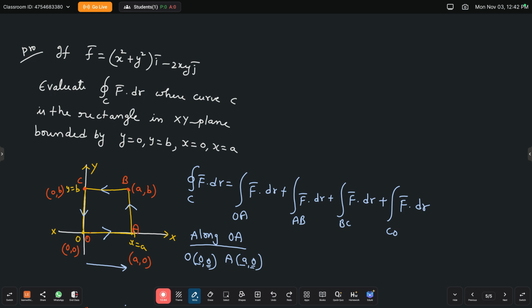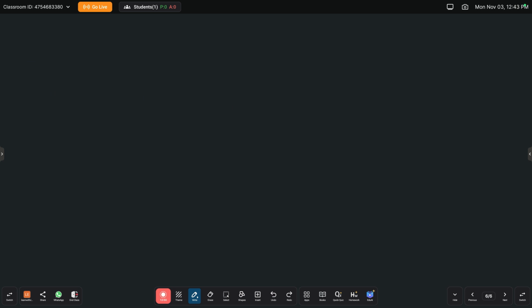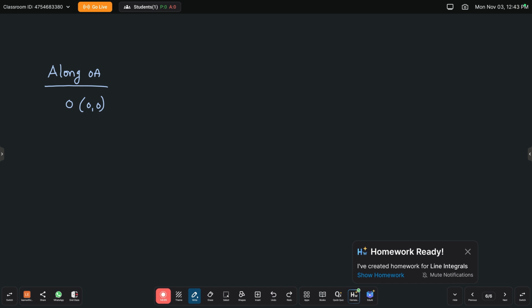So first I am calculating the line integral along OA. What is the O vertex? 0, 0.